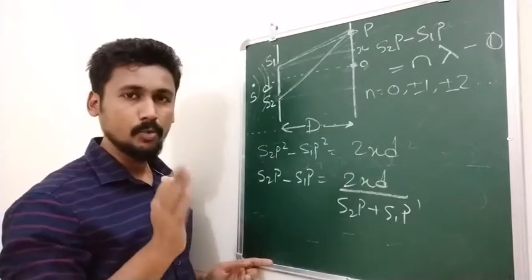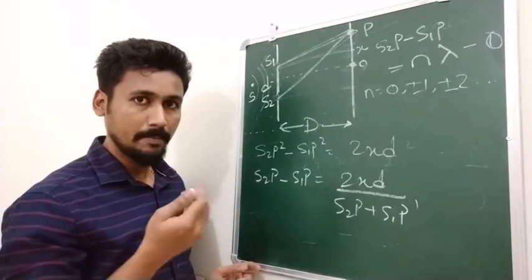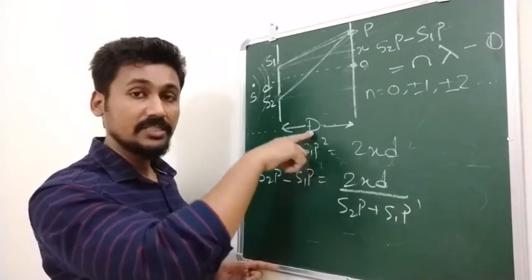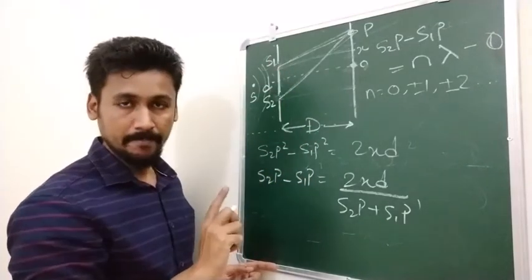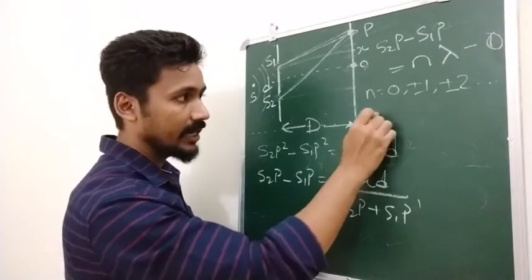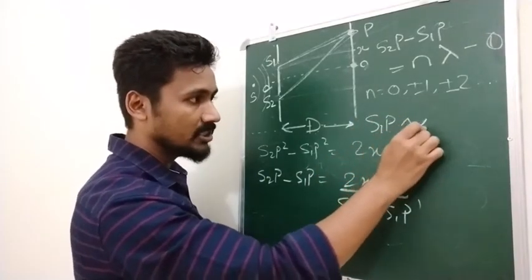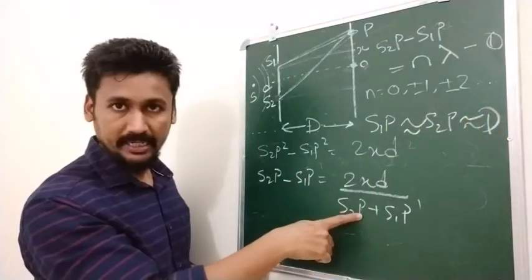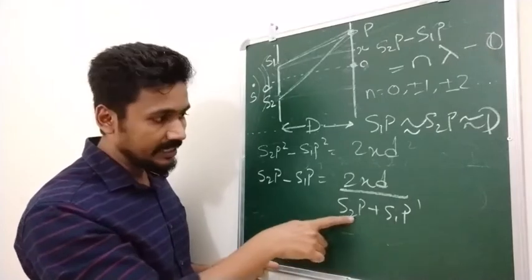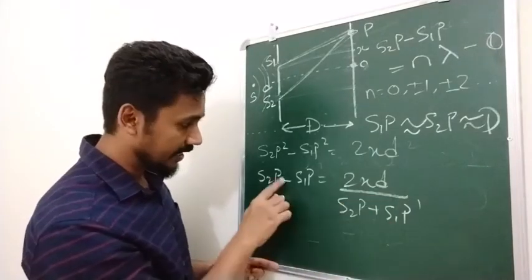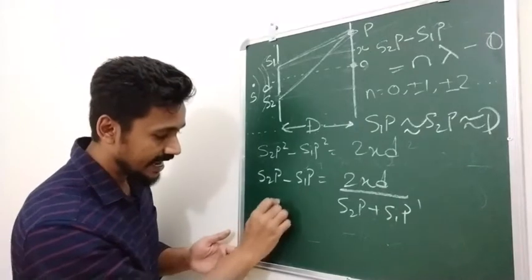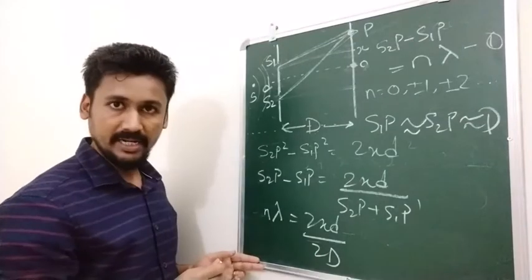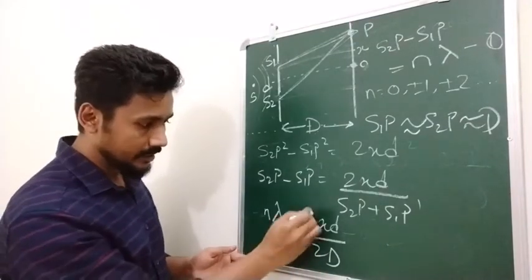And in physics, to arrive at simple formulae, we are going to make use of many such assumptions. So what are we assuming? We are assuming capital D is very much larger than small d, and because it is very large, you can write S1P is almost equal to S2P, which is almost equal to capital D. So S2P plus S1P will be D plus D. Therefore from equation 1, you will get the path difference n lambda as 2xd upon 2 multiplied by capital D, and then the 2 gets cancelled.